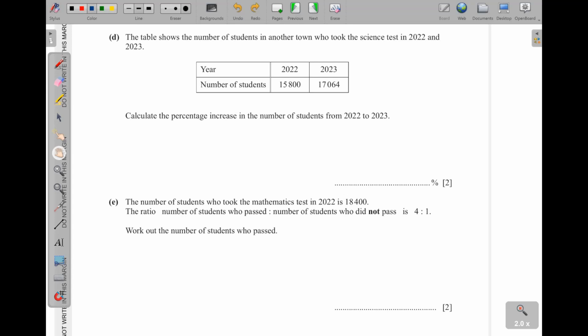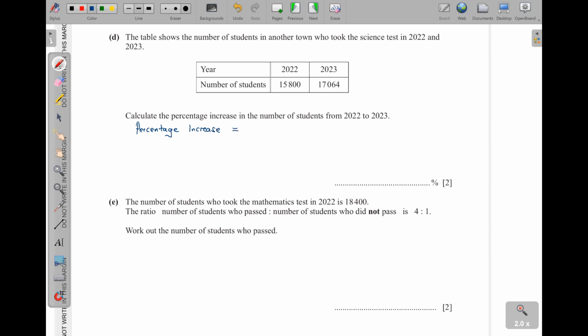Part D, the table shows the number of students in another town who took the science test in 2022 and 2023. Calculate the percentage increase in the number of students. So the percentage increase is going to be equal to the increase.